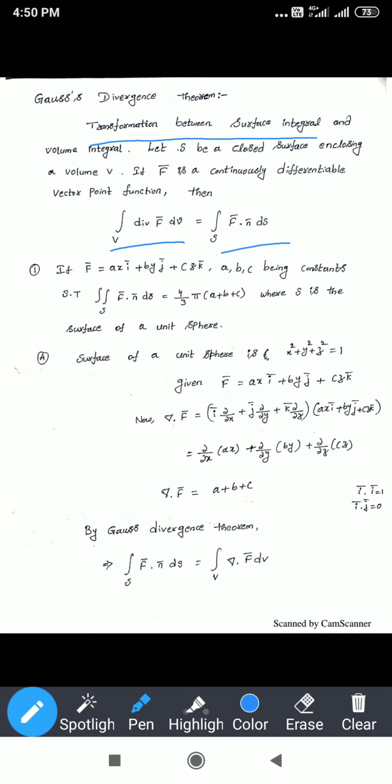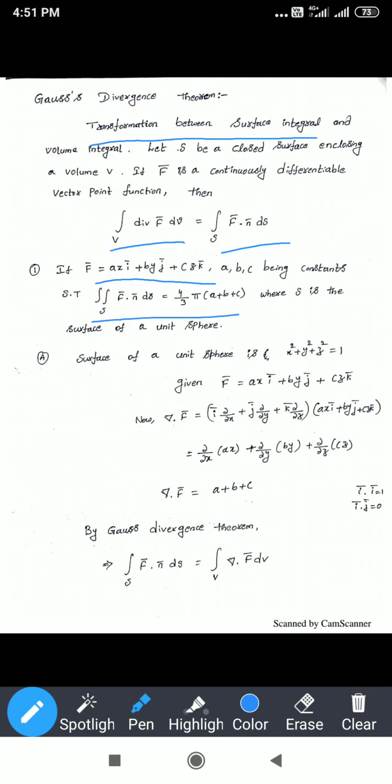See the first question. If f bar is equal to ax i bar plus by j bar plus cz k bar, where a, b, c are constants, show that the surface integral of f bar dot n bar ds is equal to 4 by 3 pi of a plus b plus c, where S is the surface of a unit sphere.